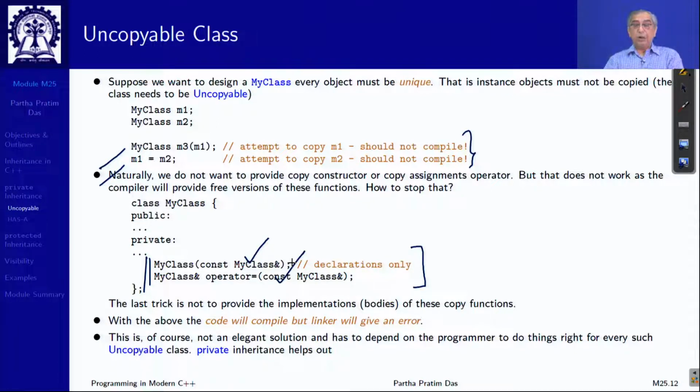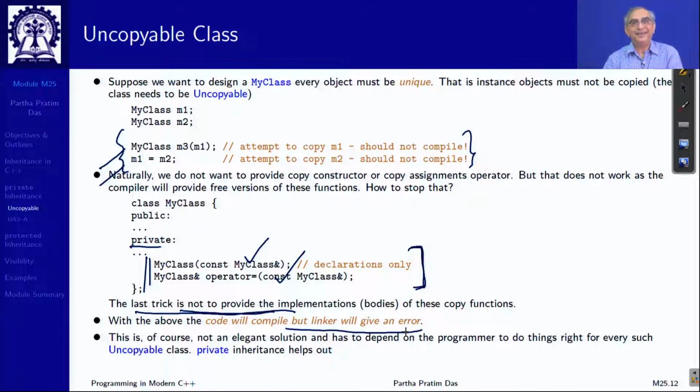But what I will have to do is not only put them in private, but I will not provide their implementation, because I do not want that copy. So, I do not know what the copy means. So, there will be no body, there will be no implementation for these functions. So, if a member function of my class tries to write a code like this, the compilation will go through fine, because the functions are there, the signatures are there. But what will fail?